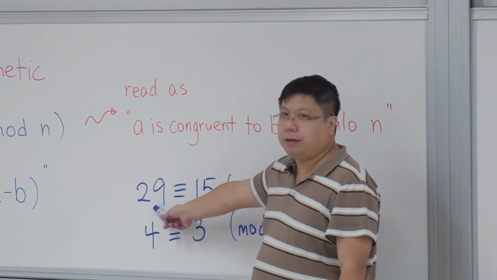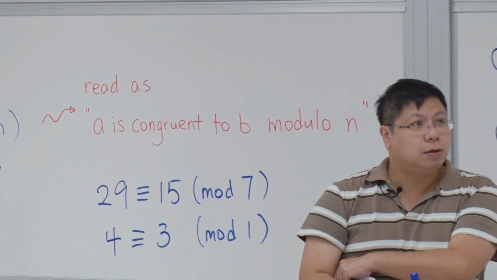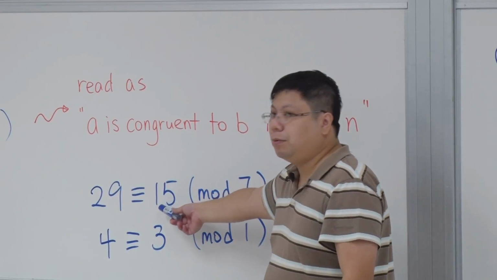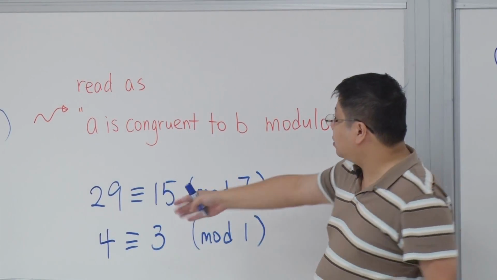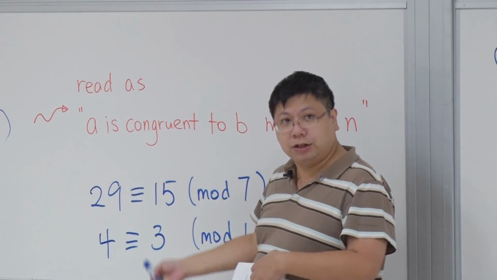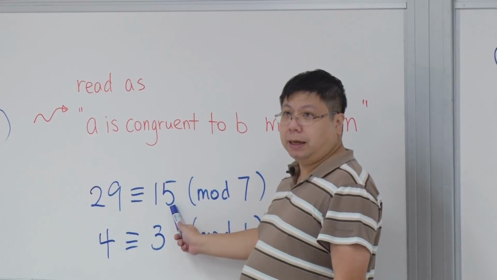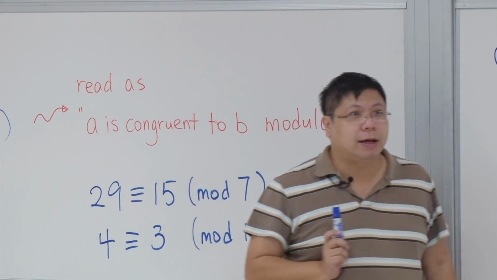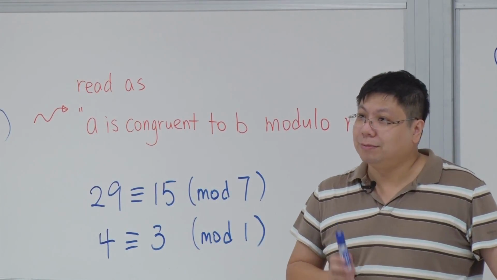So when you divide 29 by 7, the remainder will be equal to 1, right? And when you divide 15 by 7, the remainder will also be equal to 1. So it just says that if A is the same as B modulo n, then they have the same remainder after dividing by n. Is that okay? Good.